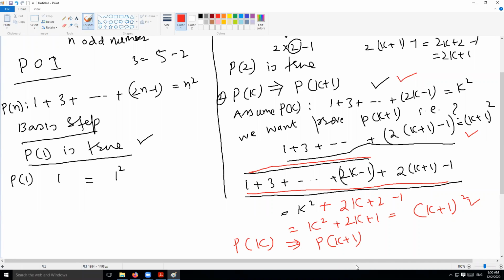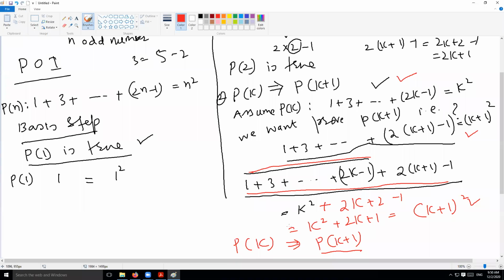That's an important thing to realize. We always have to prove the truth of the statement P of k plus 1 using the truth of P of k, and that's what we have done in this example and the previous example as well.